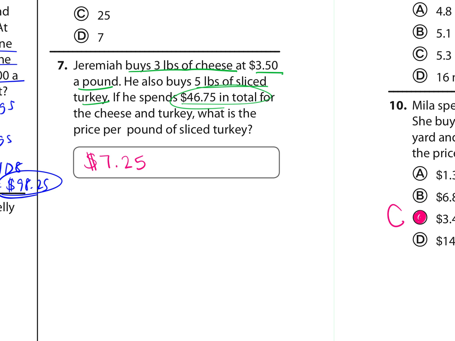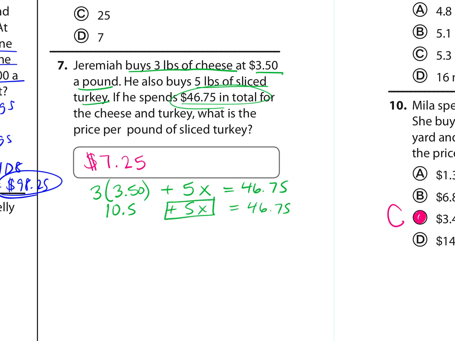So I would just start here by saying 3 pounds times $3.50 plus 5 pounds times an unknown price equals $46.75. So this is 10.5 plus 5x equals 46.75.